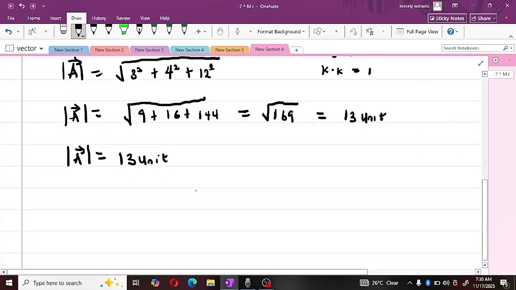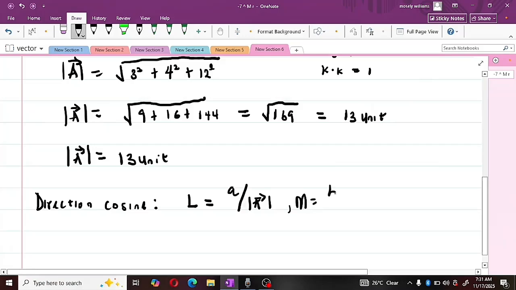We already know that for direction cosine, our l is equal to a over the magnitude of the vector. m is equal to what? b over the magnitude of the vector. And also, n is equal to what? c over the magnitude of the vector also.